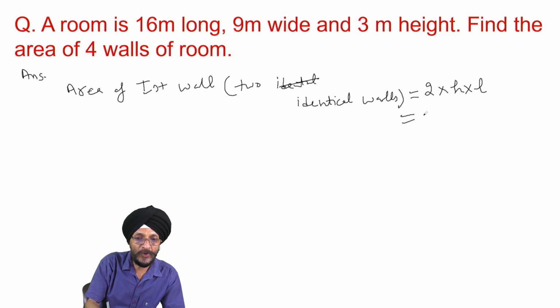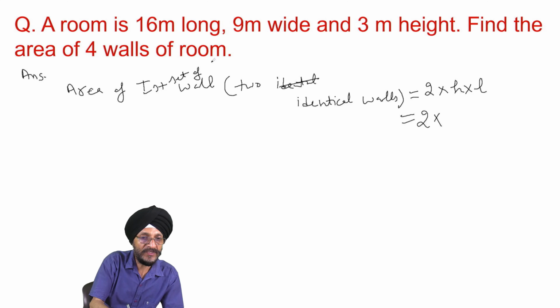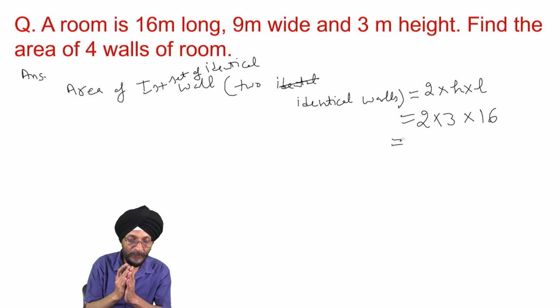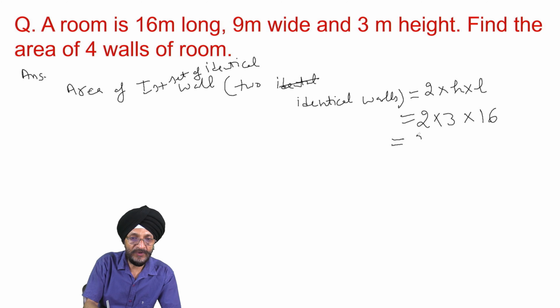So we will put the value 2 into the area of the first set of identical walls. Height given is 3 and the length given is 16. So when we multiply 2 into 3 into 16, the answer will come 96 square meter.